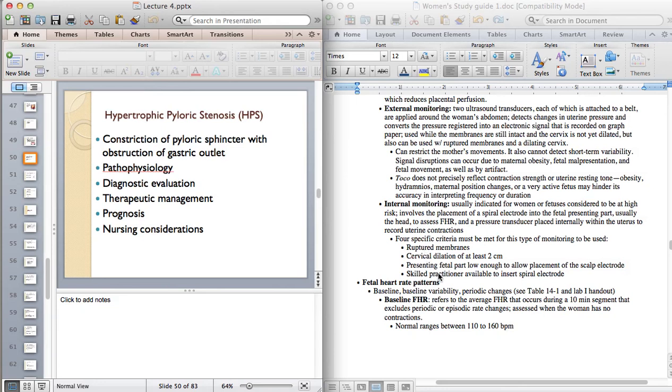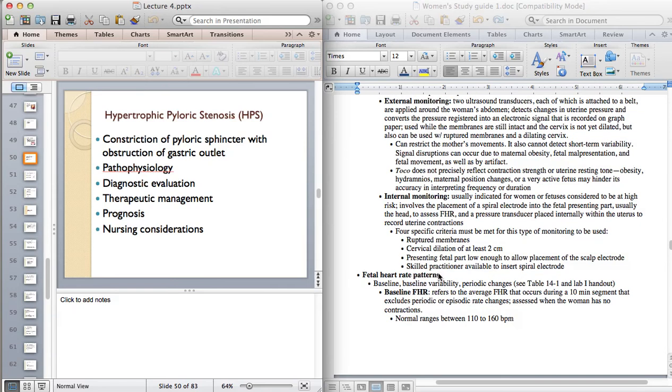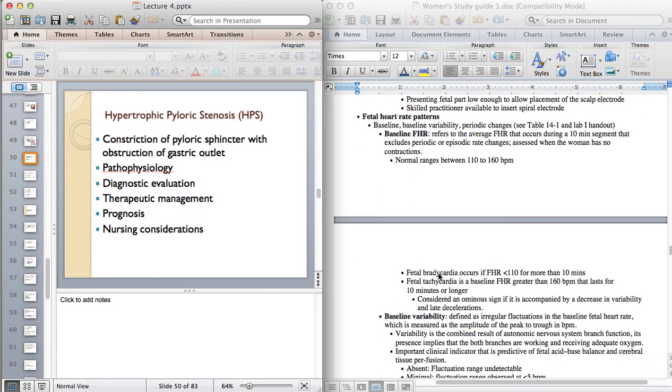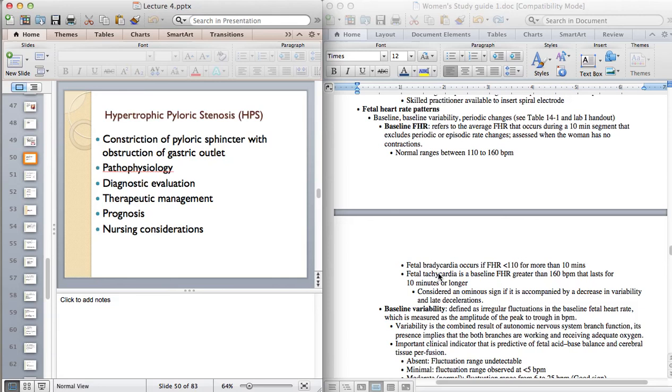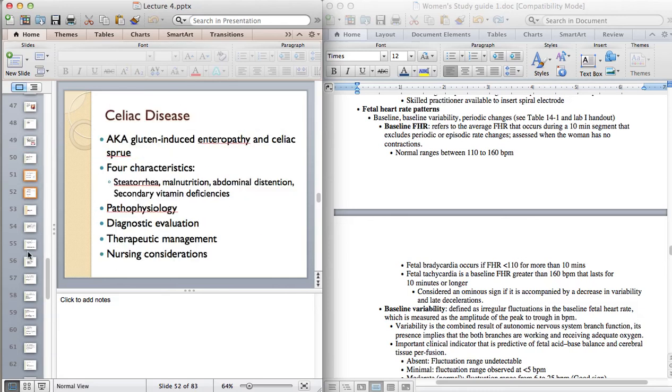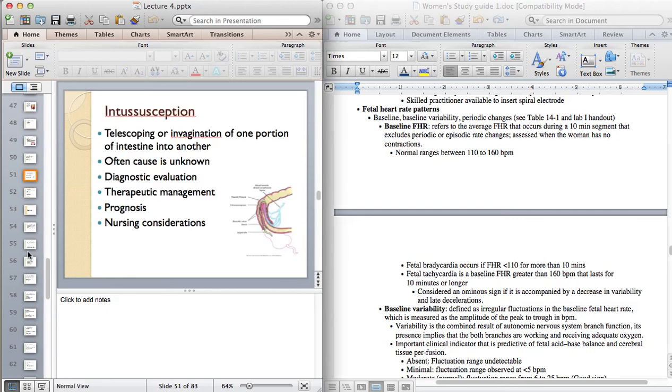I had to appreciate what this is in itself when I had it. It was very painful, and there was complete obstruction.